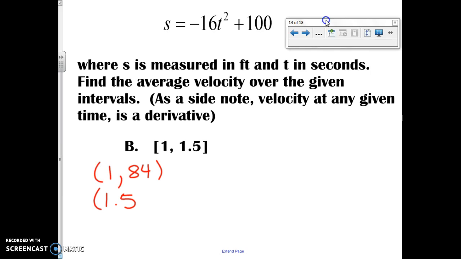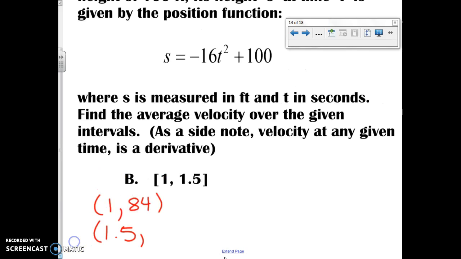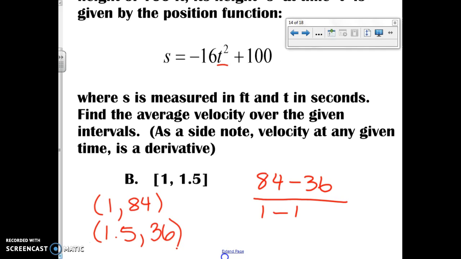At 1.5, I'm going to pause and type that. All right, so I put in the 1.5 for the t up there. And when I did that, I got 36. So my average velocity, my rate of change from 1 to 1.5 seconds is going to be 84 take away 36 over 1 minus 1.5.